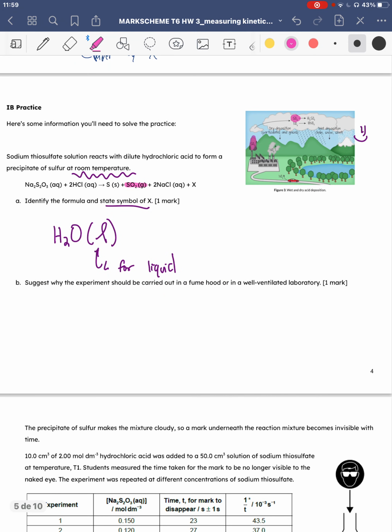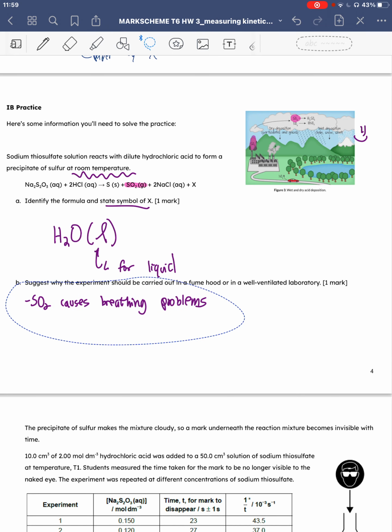The IB accepted several different things to earn that mark. And one is that SO2 causes breathing problems. And the nice lady doing the experiment in the video we watched told us that. It's what's called an irritant. It causes breathing problems.